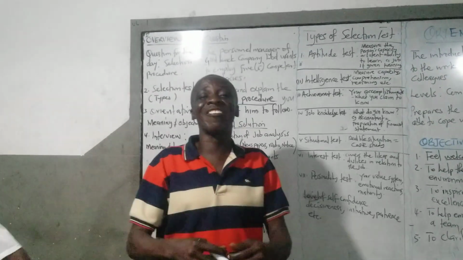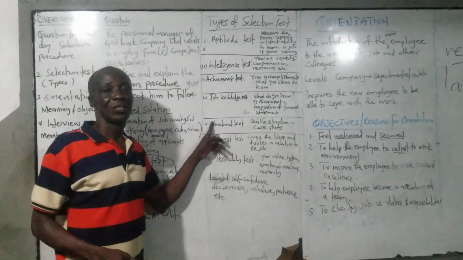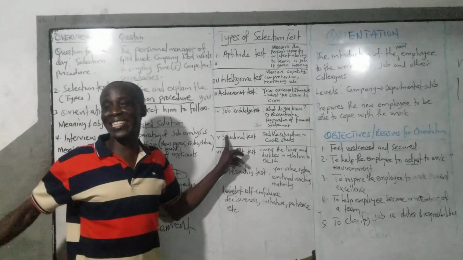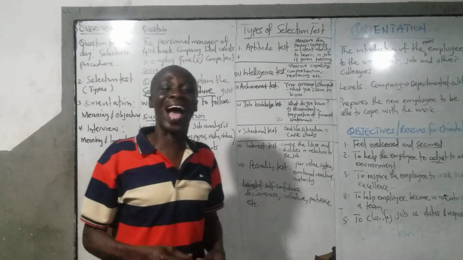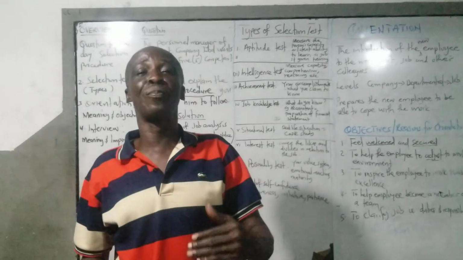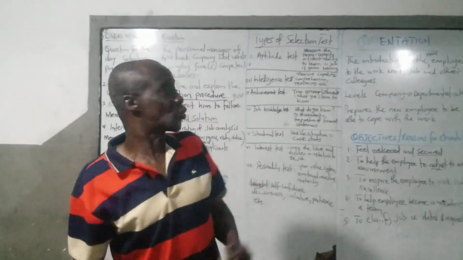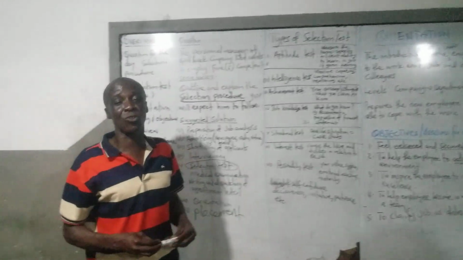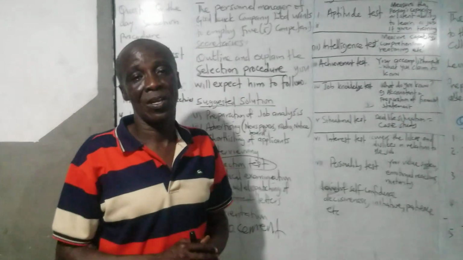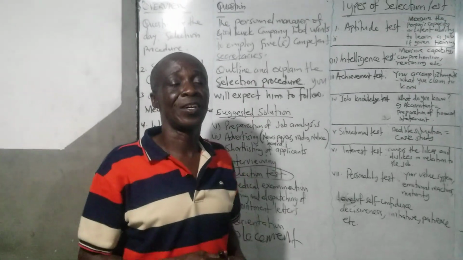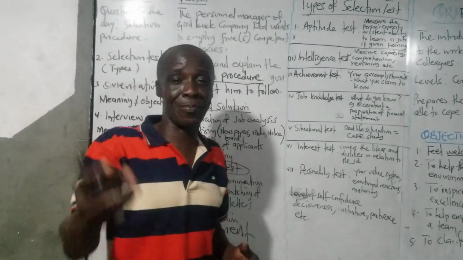It is giving you a real life situation and your ability to answer such questions will enable them to know how well you will be able to perform when you are given the job. So there can also be situational tests. You'll be given a scenario and you'll be asked to solve certain pertinent problems.